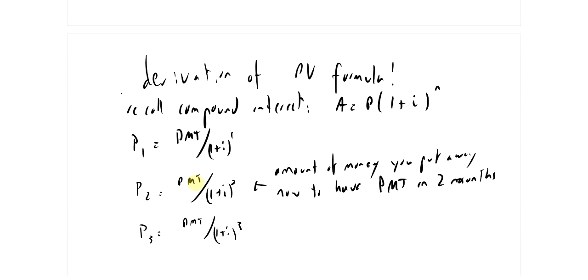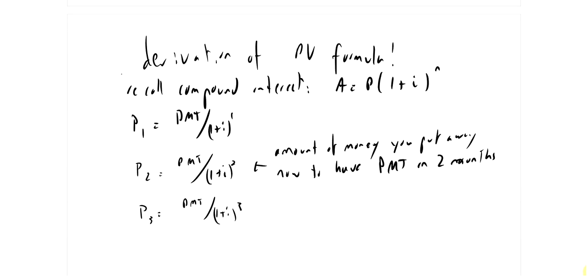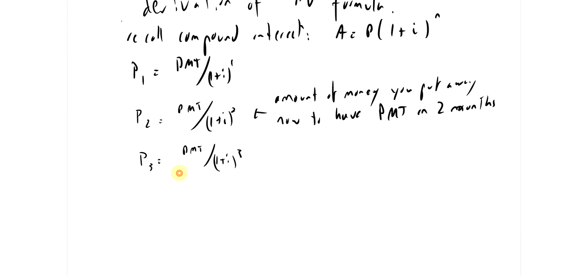And so if you need a payment of $500, maybe you only need to put away $480, and in 2 months the interest will catch up to it. So dot dot dot. To get to the nth payment, you need this much money.